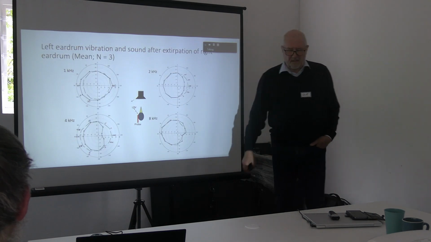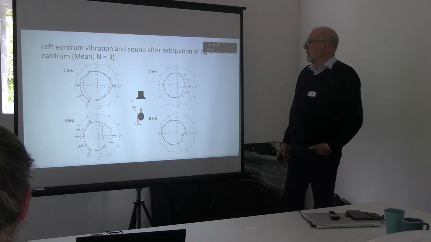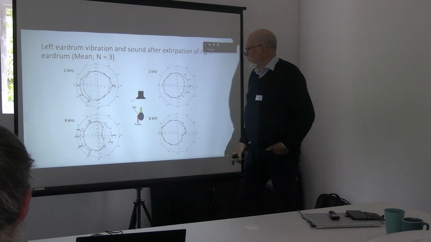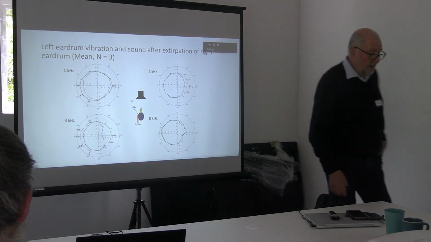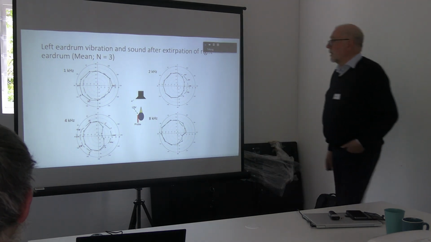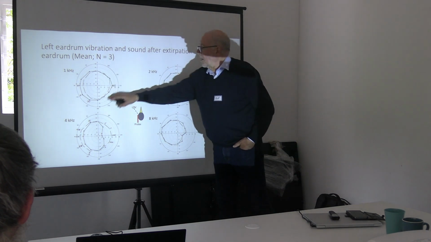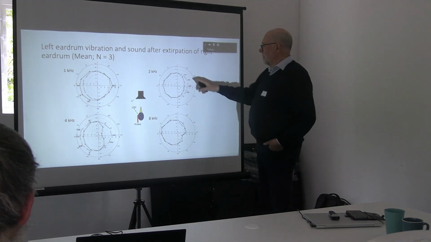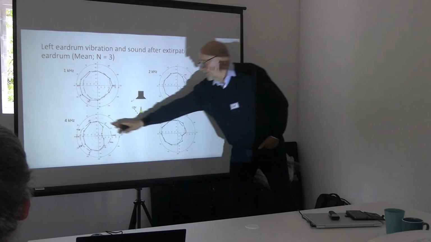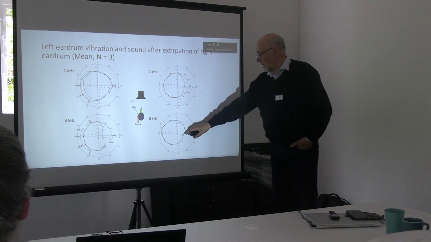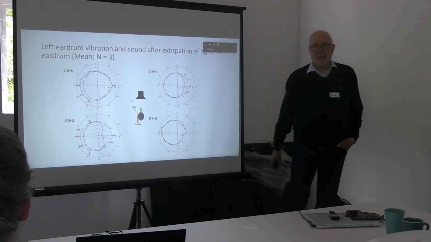And to make sure that there isn't something else happening, you can do this, that we simply pull out the right eardrum and do the same thing again. And you can see here, 1 kilohertz, much the same, 2 kilohertz, some directionality, 4, much more, but when we get to 8 kilohertz, it isn't directional.